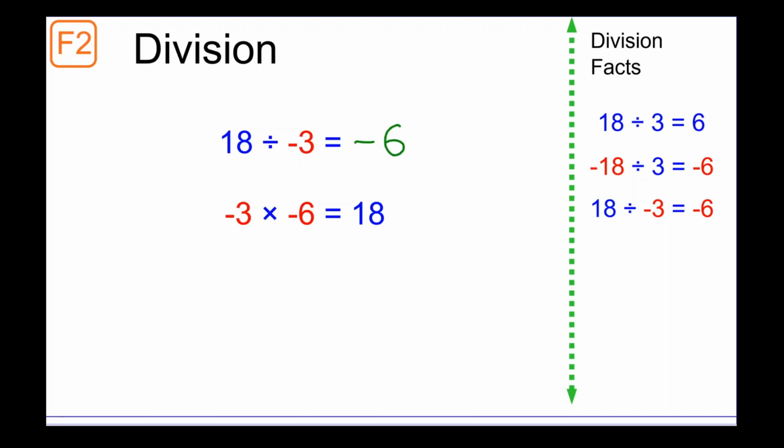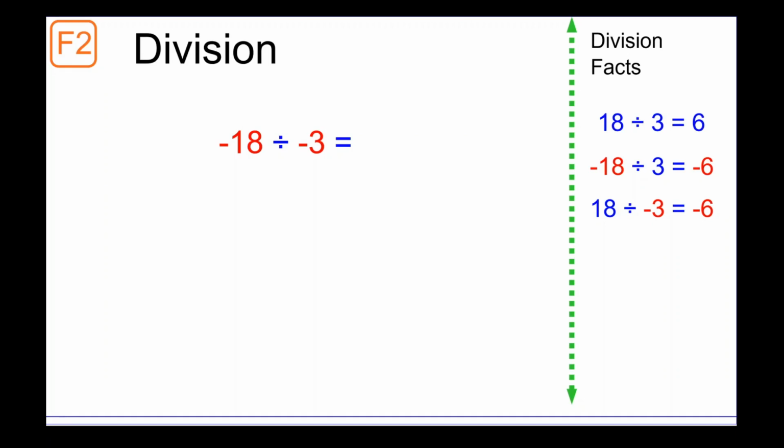If we pause for a minute to see what we've got, we saw that the signs were the same here to get a positive answer, and the signs were different here to get a negative answer. So with that in mind, let's think about the next question. What is negative 18 divided by negative 3?